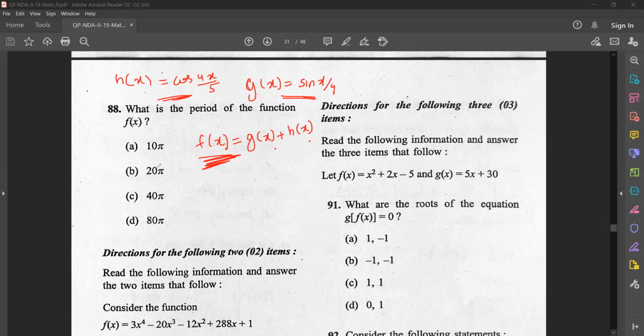What are the options? 10 pi, 20 pi, 40 pi, 80 pi. When you substitute which of these, we are getting the same function, that is what you have to check. Try each option and comment your answer once you get that.